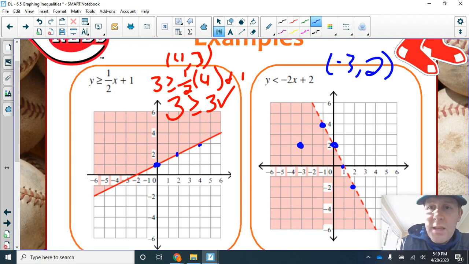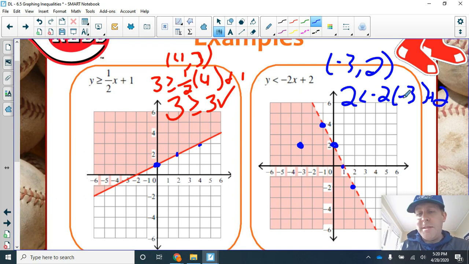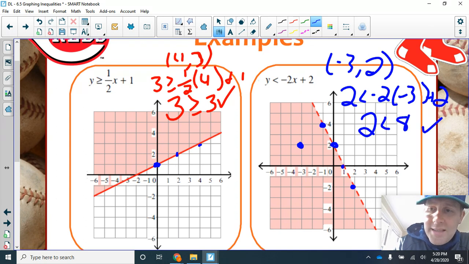Let's check. Is 2 less than -2 times -3 plus 2? Well, -2 times -3 is +6. 6 plus 2 is 8. Is 2 less than 8? Yes, it is. That point is a solution. And guys, that's why we have to shade, to show that there are a lot of points that could make that inequality true.